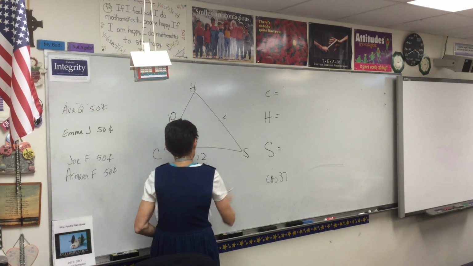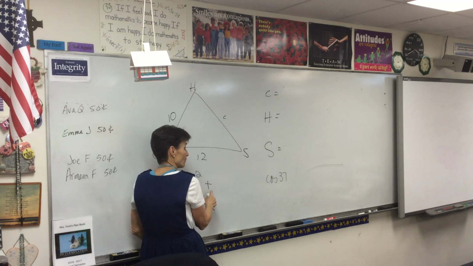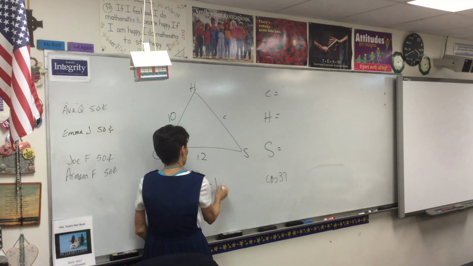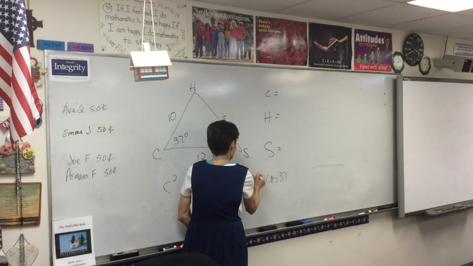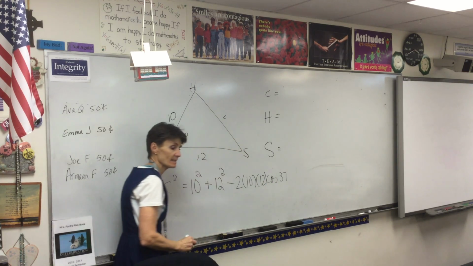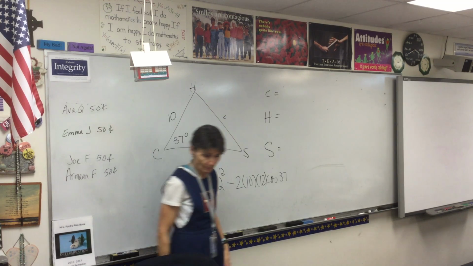Now, what's in the middle? 10 squared plus, don't forget the plus, 12 squared minus 2 times 10 times 12. That's it exactly. So we can type that in on our calculator.